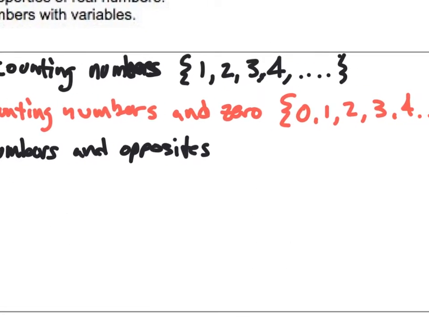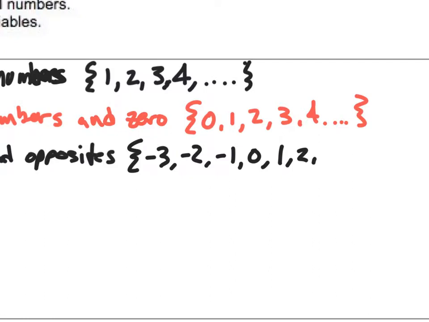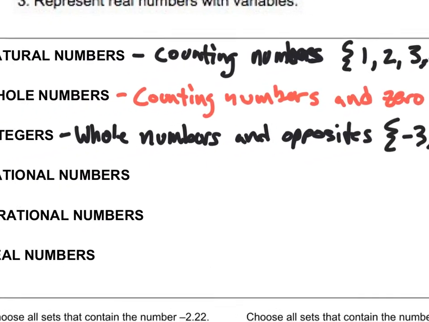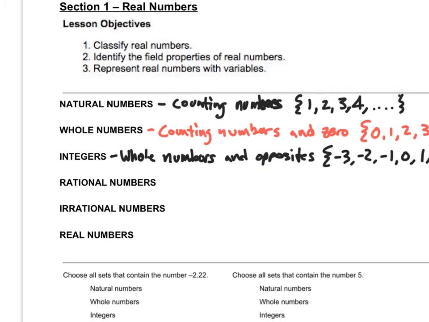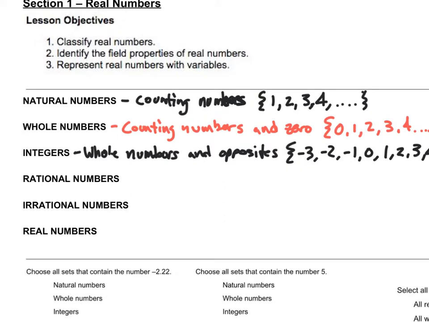So we would start with, say, -3 and go -2, -1, 0, 1, 2, 3, 4, and so on. The thing I want you guys to see about this is that when you say the word integer, that includes the whole numbers and it also includes the natural numbers.